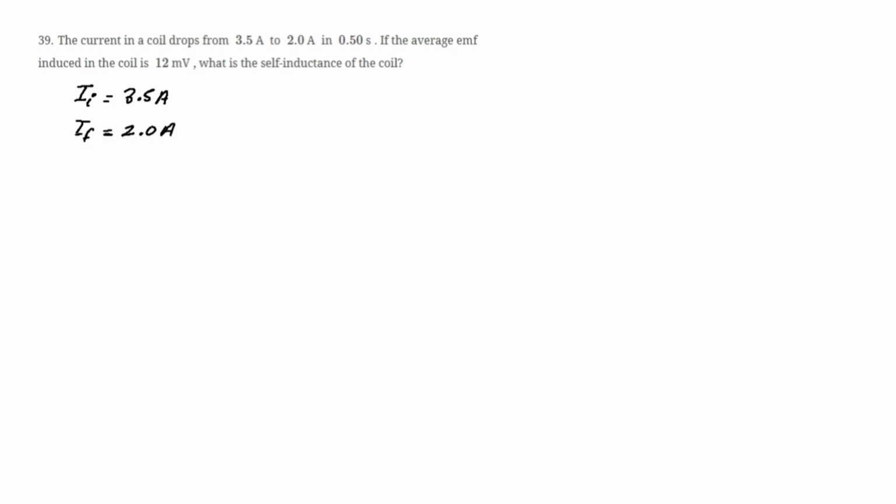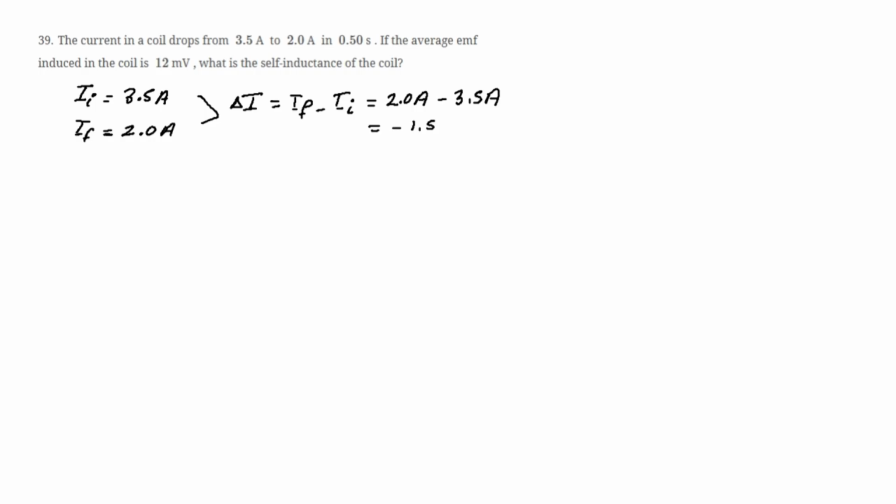If you find the variation of current, delta I, which is I final minus I initial, it is 2 amperes minus 3.5 amperes, which is minus 1.5 amperes, right?